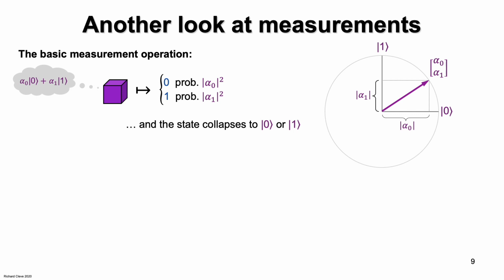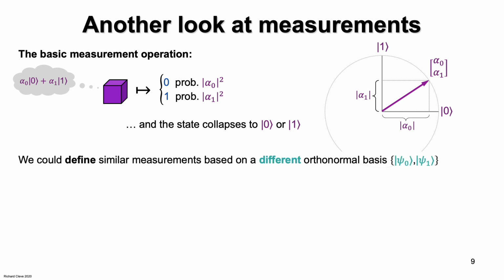The geometric perspective suggests some potential variations in our definition of a measurement. For example, there's no fundamental reason why the computational basis should have such special status. We can imagine basing a measurement operation on some other orthonormal basis, different from the computational basis.